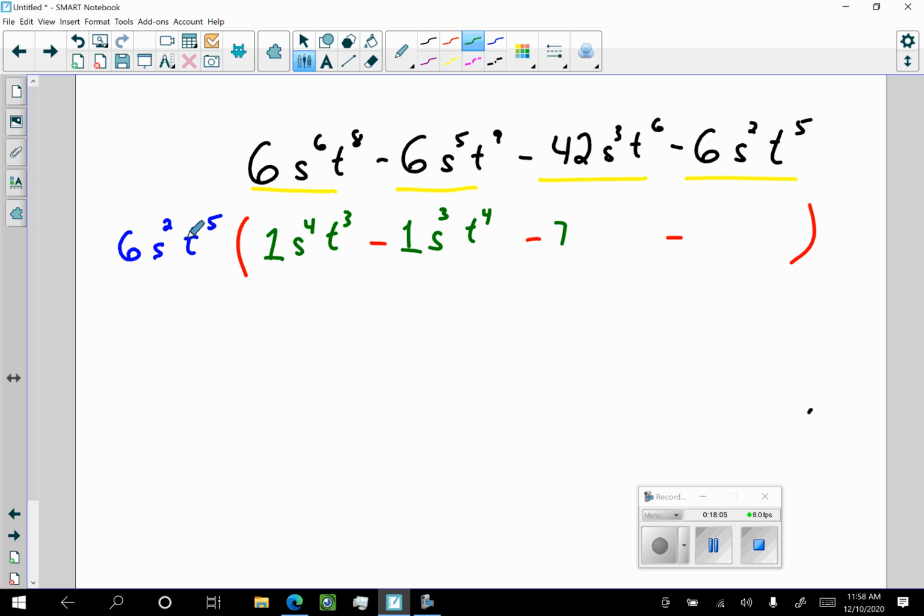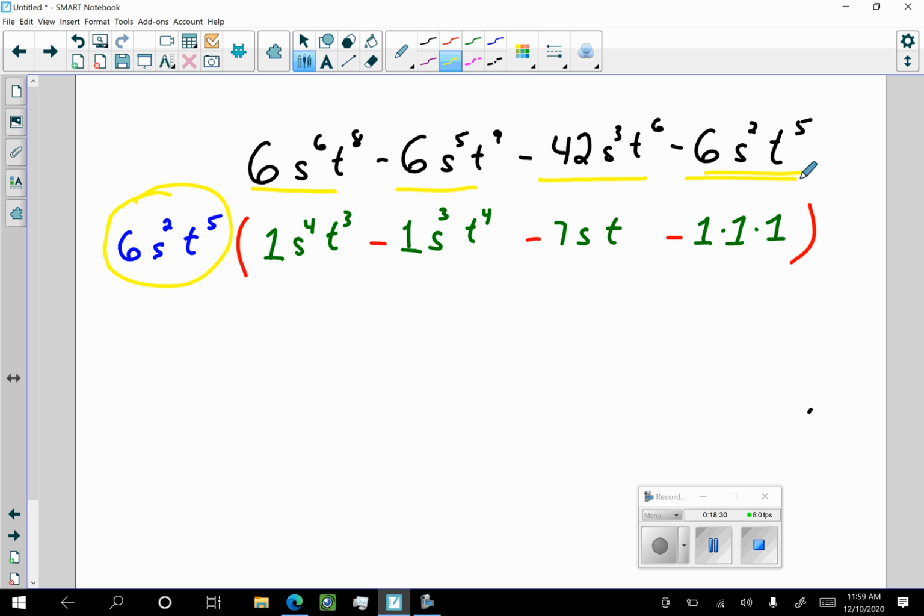s squared times what is s cubed? s. t to the 5th times what is t? And 6 times what? 1 times 1. Look: 6s squared t to the 5th times 1 is equal to 6s squared t to the 5th.